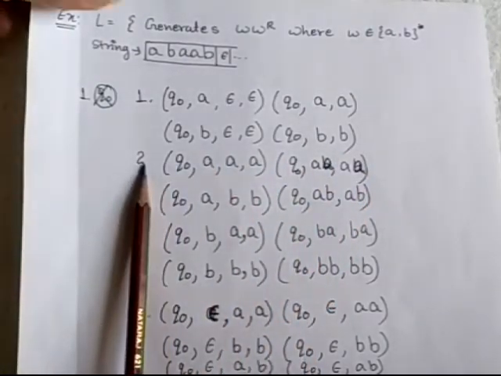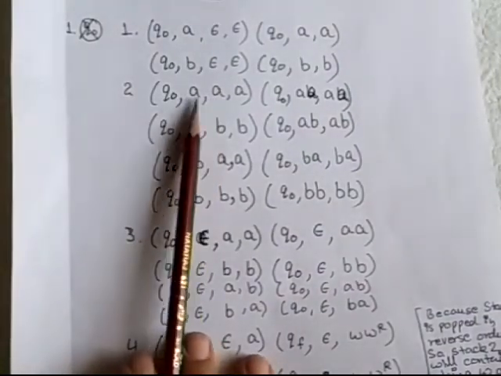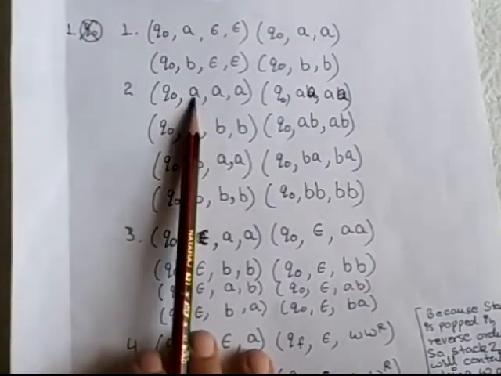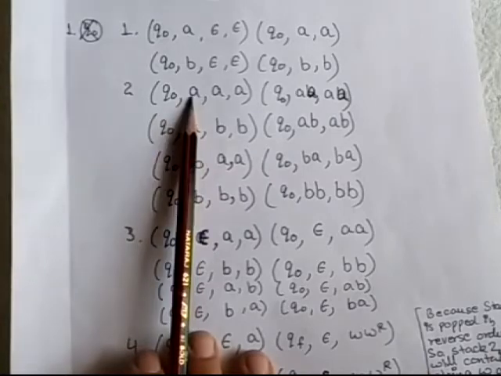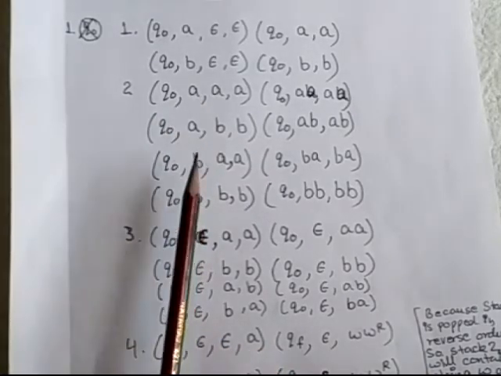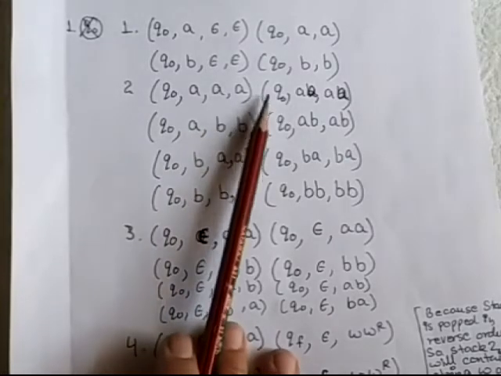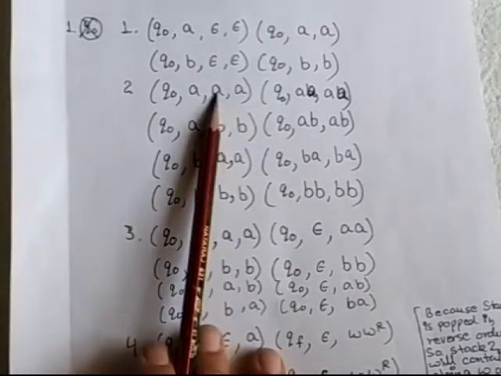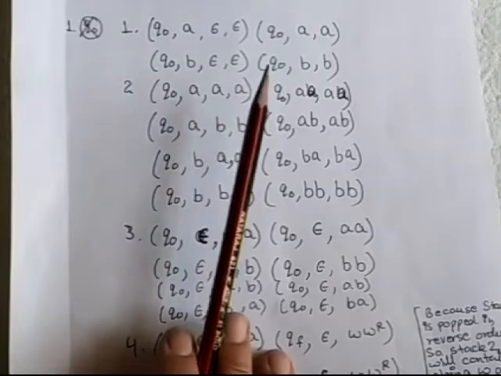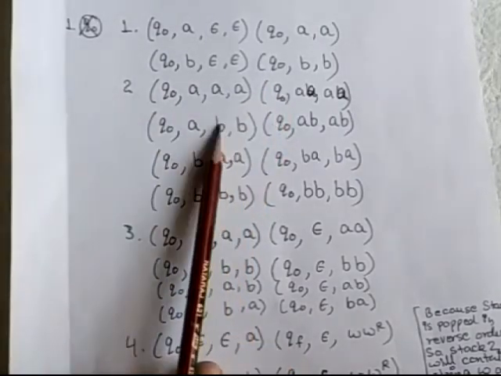Now in the second step we read the next symbol. The next symbol may be A or B, and the condition of the stacks may be that both the stacks contain A or both the stacks contain B.